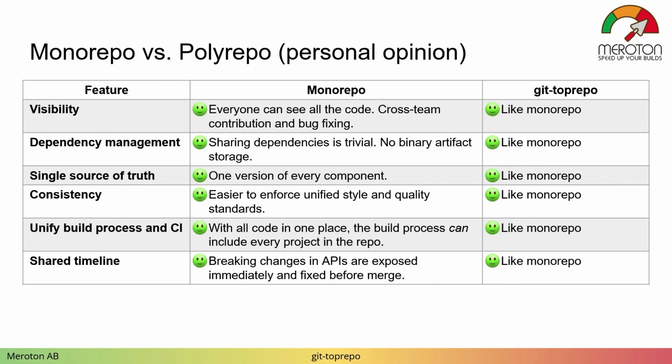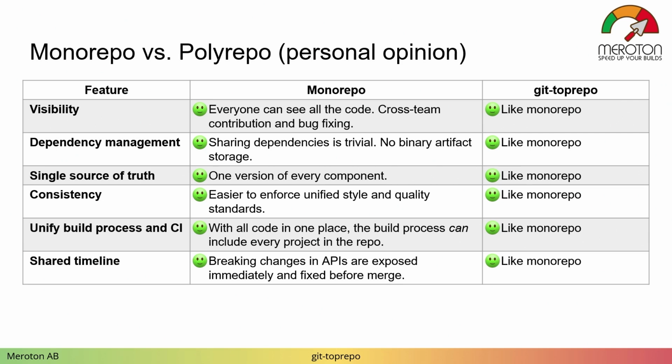Unified build process and CI: if all code is in one place, you have one build process. You can have one build process that includes every project in the repositories. You don't have to. You can have separate islands, but you can unify it.